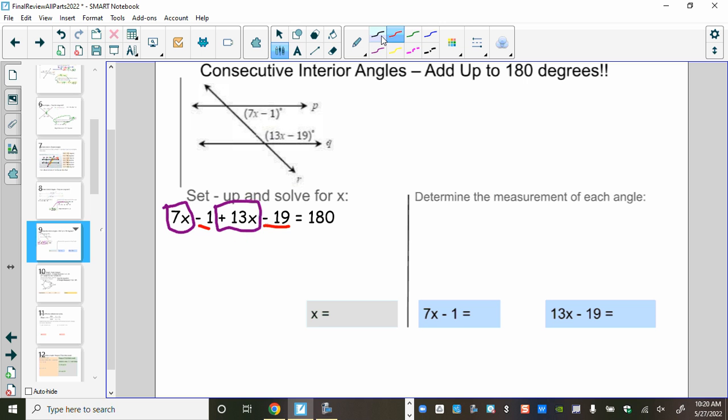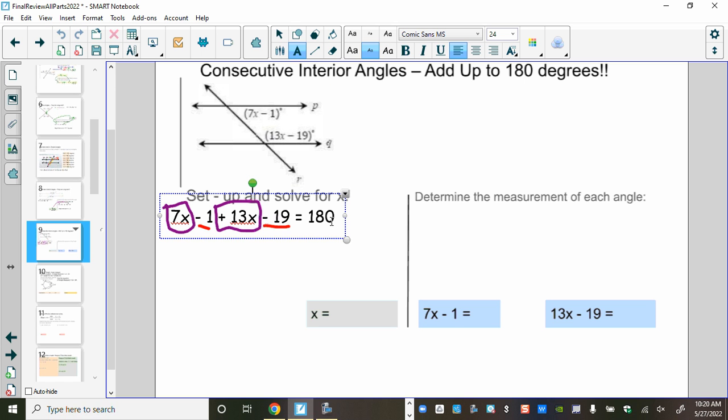All right, so how many total x's will we have? Say it again. 20x. Yeah, 7 plus 13, you have 20. What about our constants, the -1 and the -19? If we combine those, what do we get? -20. You get -20. Very good, Catherine.